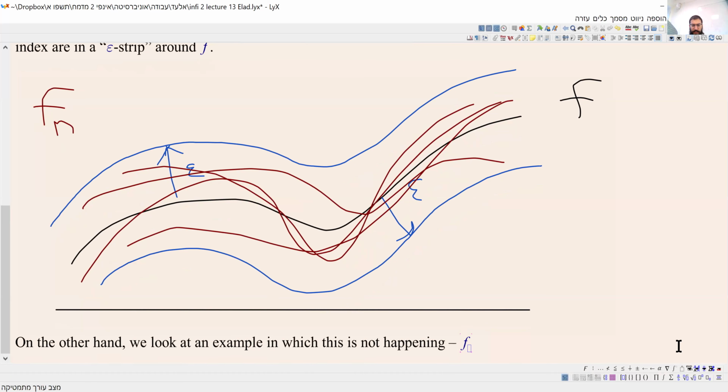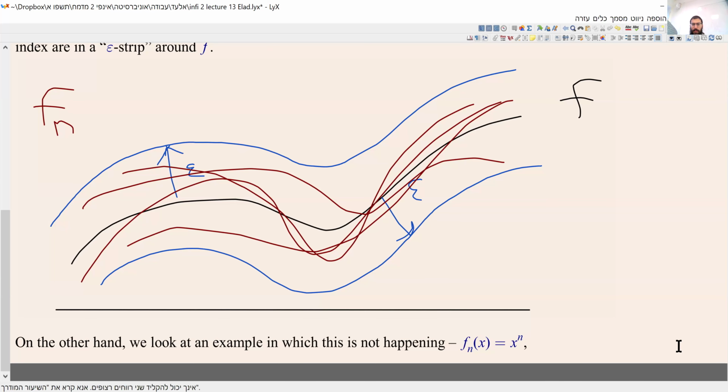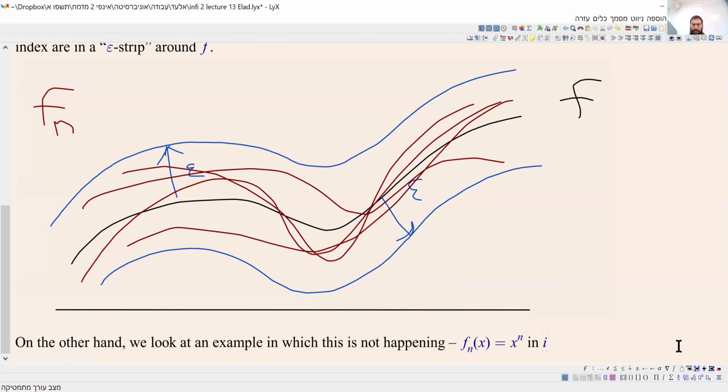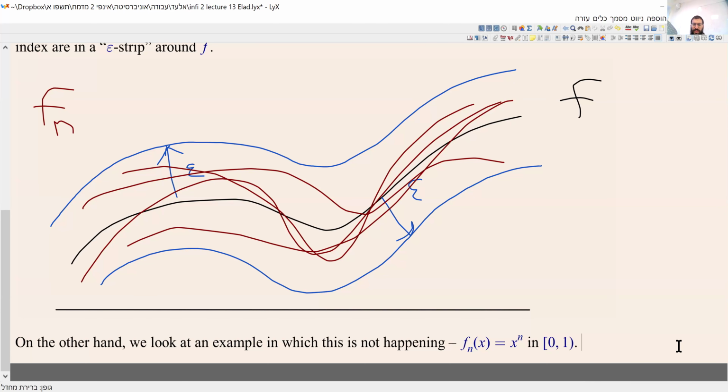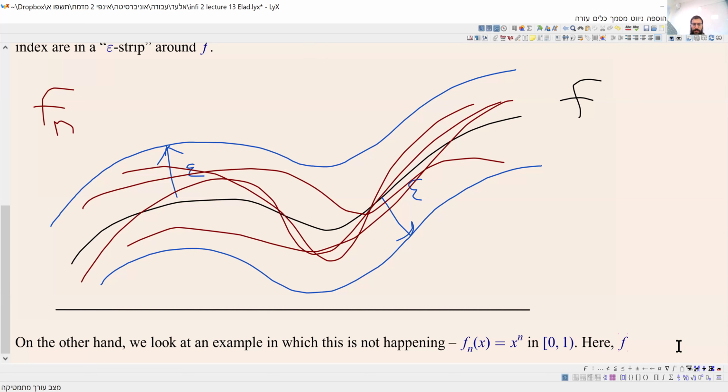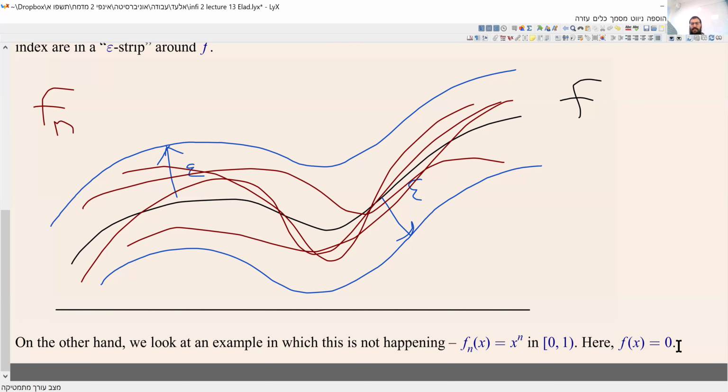Let's say f_n(x) is x to the power of n, our known example. To make it simpler, let's look at the segment between 0 and 1 without 1. Here, as we know, the limit function is just 0.